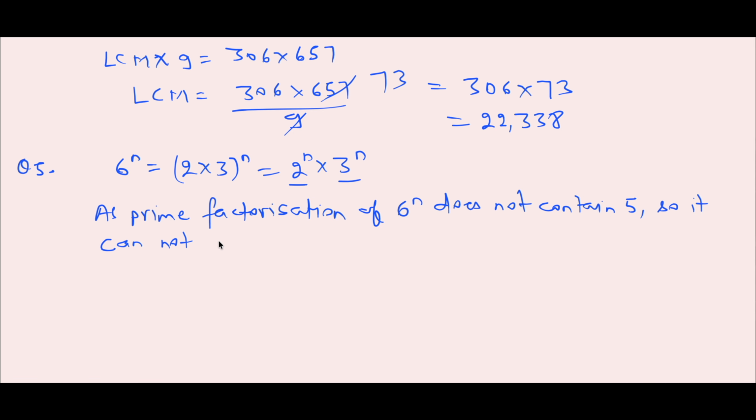It cannot have units place 0 for any natural number n. So this was a simple application of the fundamental theorem of arithmetic, and without doing anything, we figured out that 6 to the power n for any natural number n cannot have its unit digit 0. Now let us move to question number 6.